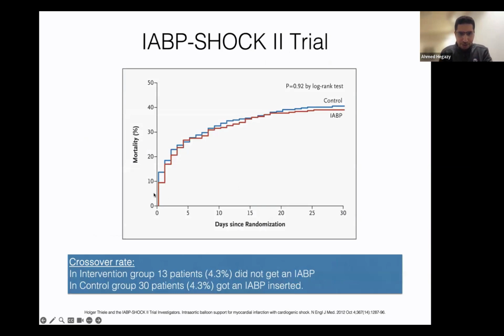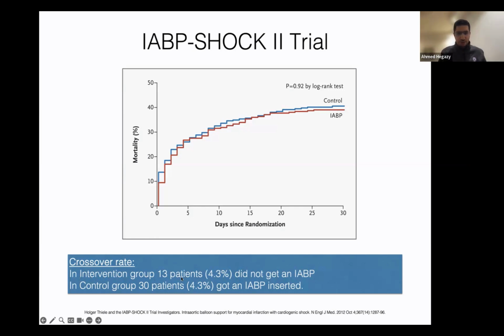So what did they find? They found that the mortality was no different. At 30 days, the control group that did not get a balloon pump did the same as those in the intervention group that got a balloon pump. There was no difference in mortality at 30 days between both. There was a crossover rate in the study.